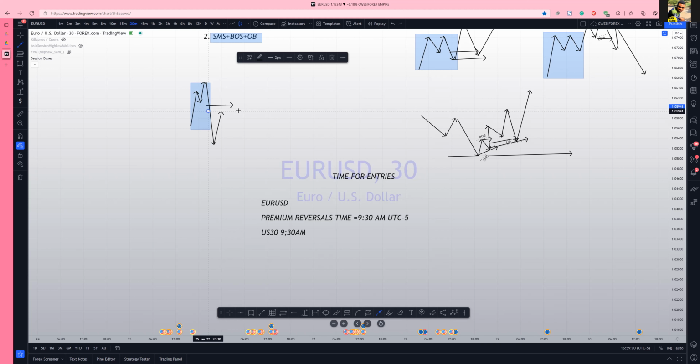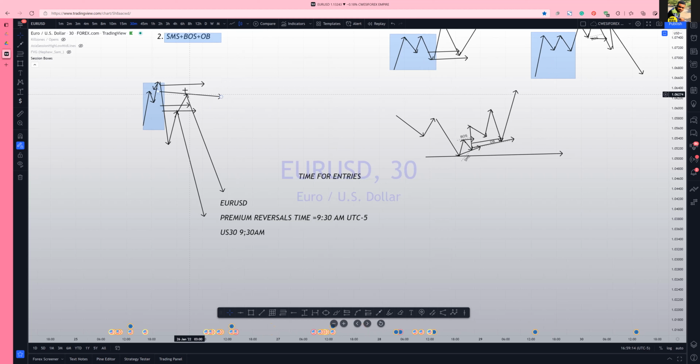Sometimes price creates efficiency here, then continues. Sometimes price creates an order block here and drops. Around latest by 9:30, price will get here and start dropping to the downside.